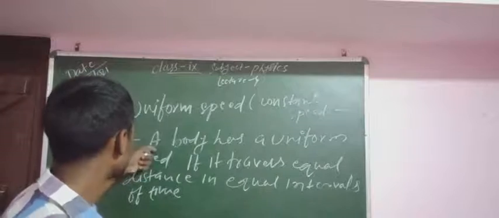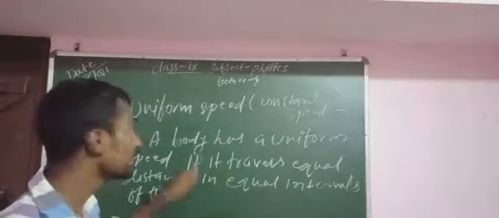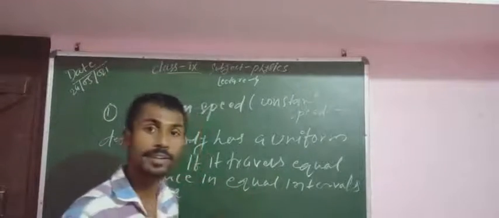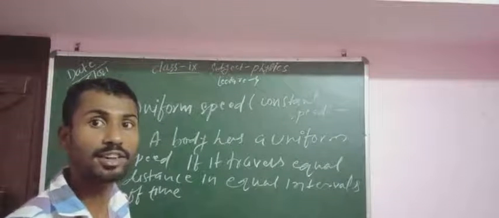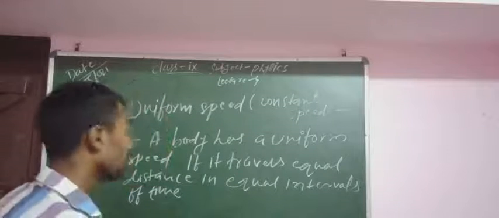This may be defined as: if a body travels equal distance in equal intervals of time, then the body is said to be in uniform motion.